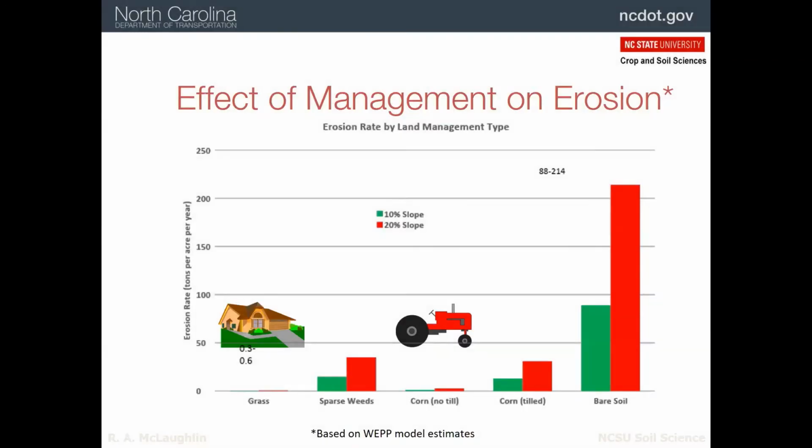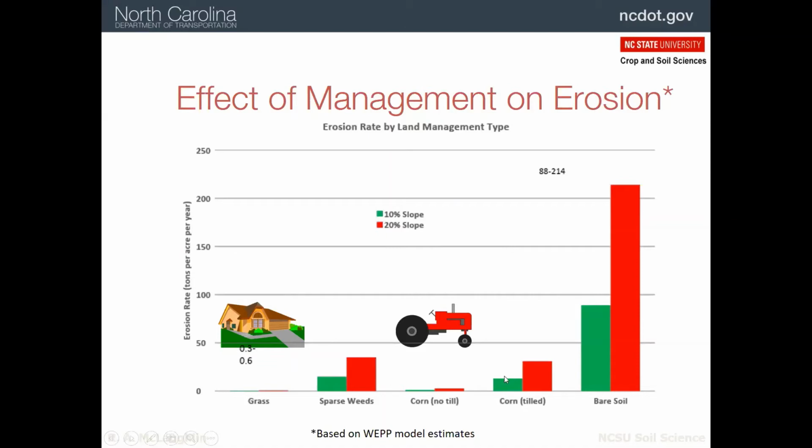So what can we do, I guess, to reduce erosion? Well, you can see on the far left of this graph, this is the erosion amount in tons per acre per year. That's how we typically measure it. And so once you get the landscape stabilized, paved and grassed, etc., very low amounts of erosion. But if you're running a farm, depending on how you run it, you may have quite a bit more erosion.